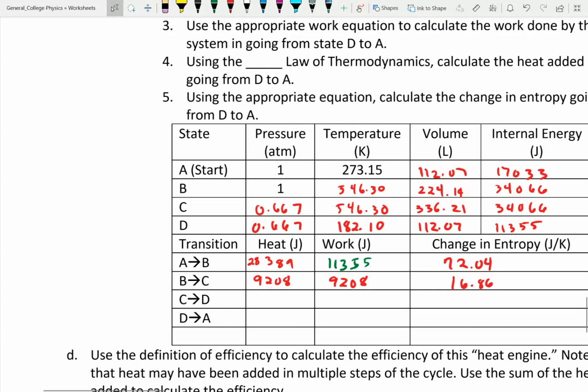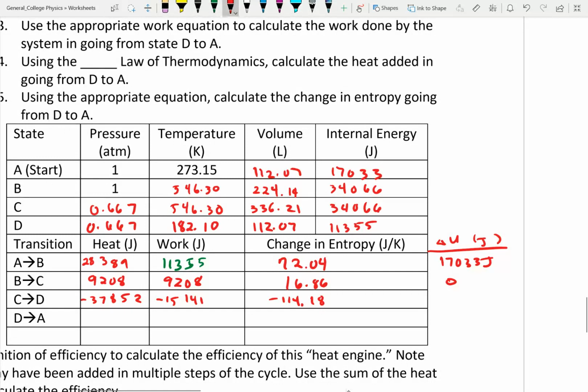And then for the transitions, for the heat, we calculated negative 37,852 joules. And the work was minus 15,141 joules. The change in entropy, minus 114.18 joules per Kelvin. And the change in internal energy, just to get everything complete, was minus 22,711 joules.